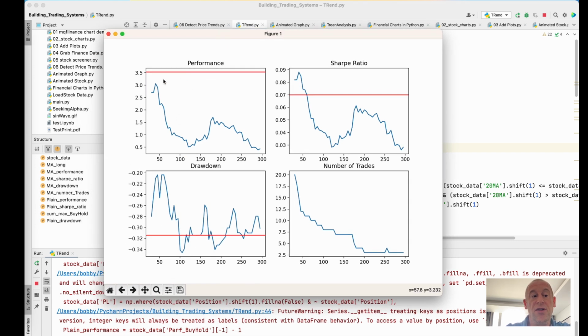Okay, first of all, my performance. Here I see that for the 50-day moving average I tripled my money. And if I go with a longer moving average, the performance deteriorates, and then it becomes quite a bit better at the 200-day average.